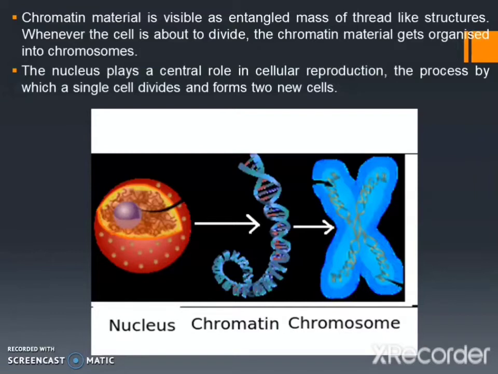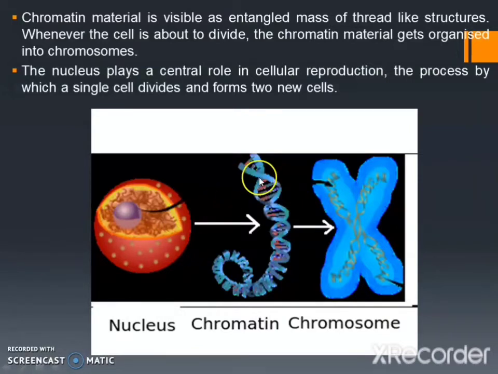Right, and when the cell is about to divide, this chromatin material will get organized into chromosomes. So we know that the cell's main function, from one cell only our body has such a number of cells. അപ്പോൾ എങ്ങനെയാണ് ആ ഒരു സെല്ലിൽ നിന്ന് ഇത്രയും സെൽസ് പ്രൊഡ്യൂസ് ചെയ്ത്? It is through cell division, right?